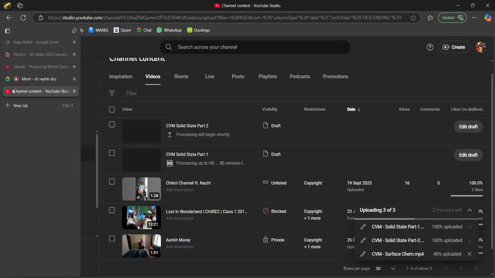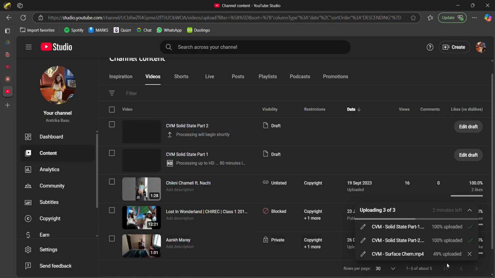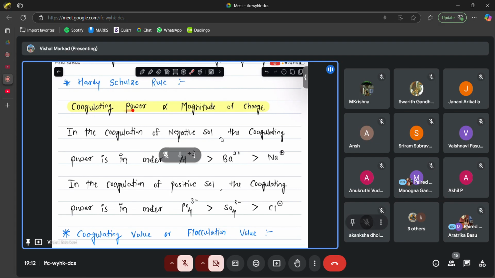And if you have a positive sol, then obviously we will add the negative charge with the larger magnitude. So what is this rule? If someone asks, what will you write? According to this rule, coagulating power is directly proportional to the magnitude of charge. And you can write any one example.